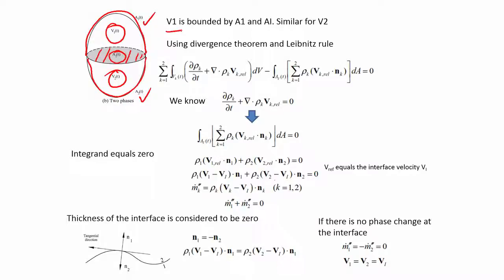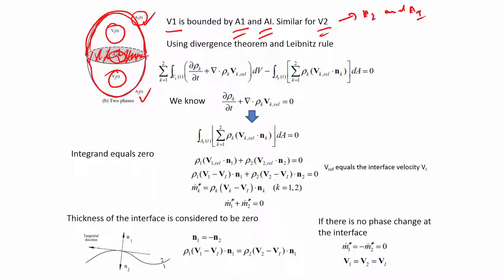V1 is bounded by AI and A1. If you consider the whole V1 volume, it is surrounded by A1, and it is also surrounded by AI. So, the area that actually encloses V1 is AI and A1. Similarly for V2, it is A2 and correspondingly AI.